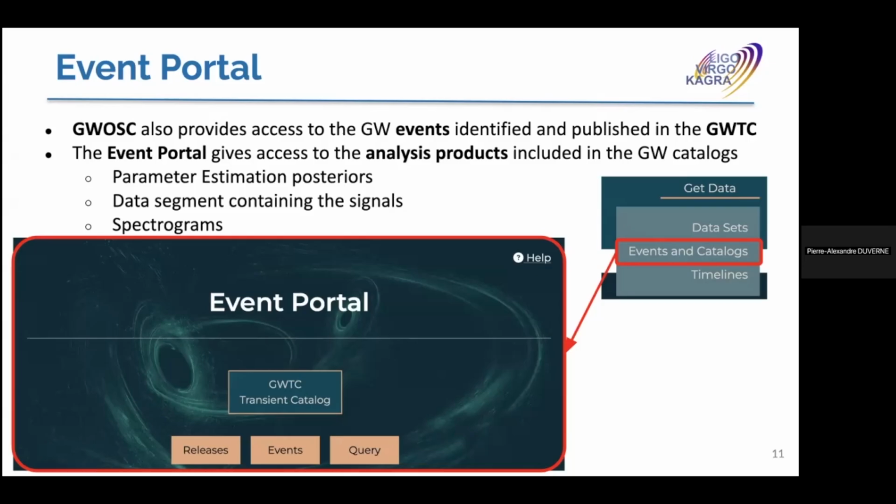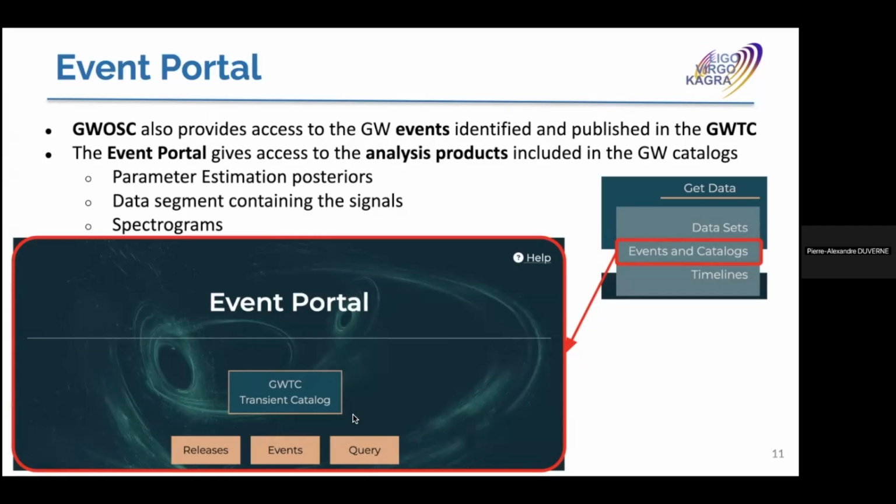And this event portal gives you access to all the analysis products that are included in those catalogs, being parameter estimation posteriors, data segments containing signals, spectrograms, etc. You can access that event portal by clicking on the Get Data button and then Events in Catalog, which should send you to the event portal main page, where you'll be able to find the latest GWTC Transient Catalog data release, the previous releases, and the page with all the individual events that have been identified in the various runs and various data releases.